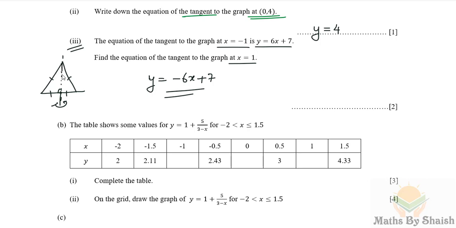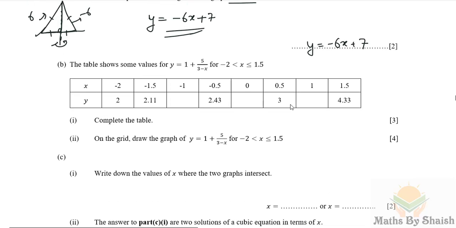For the gradient we require rise upon run, and here the rise is 6, so rise upon run for this line would be minus 6 upon 1, which is minus 6. So the gradient of this line would be minus 6 and the gradient of the other line would be 6, and hence the equation of the tangent would be y equals minus 6x plus 7.